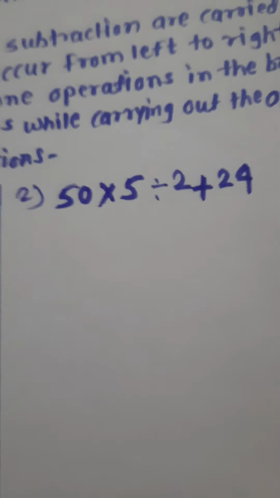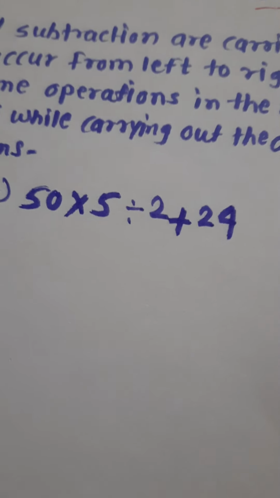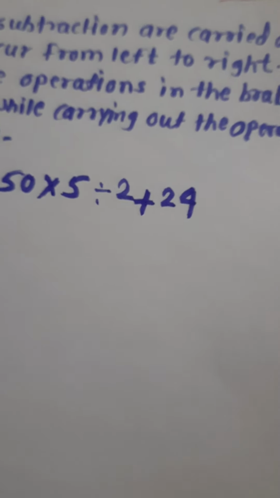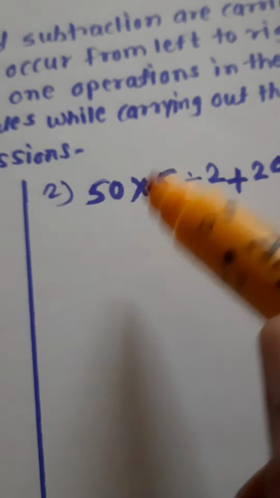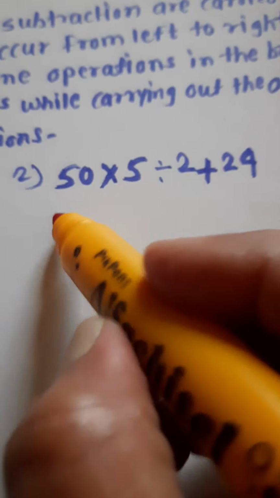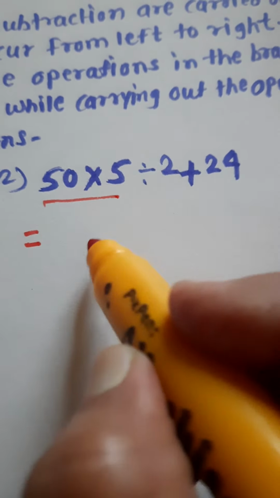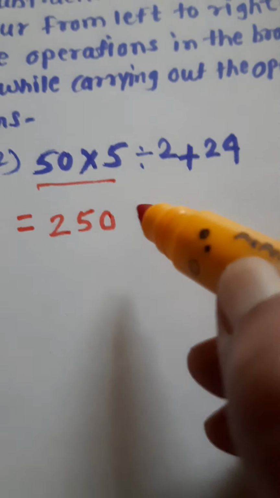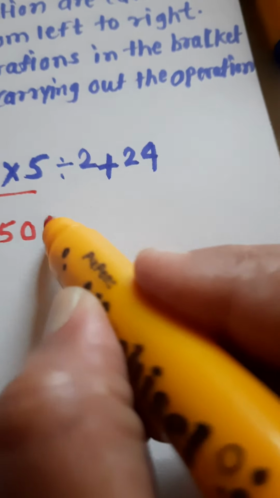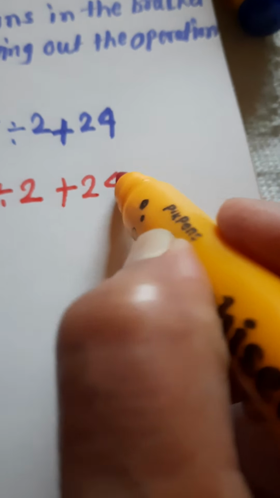Okay, see, we have to do first, from left to right, multiply: 15 into 5 is 75, then 75 divided by 2 plus 24.